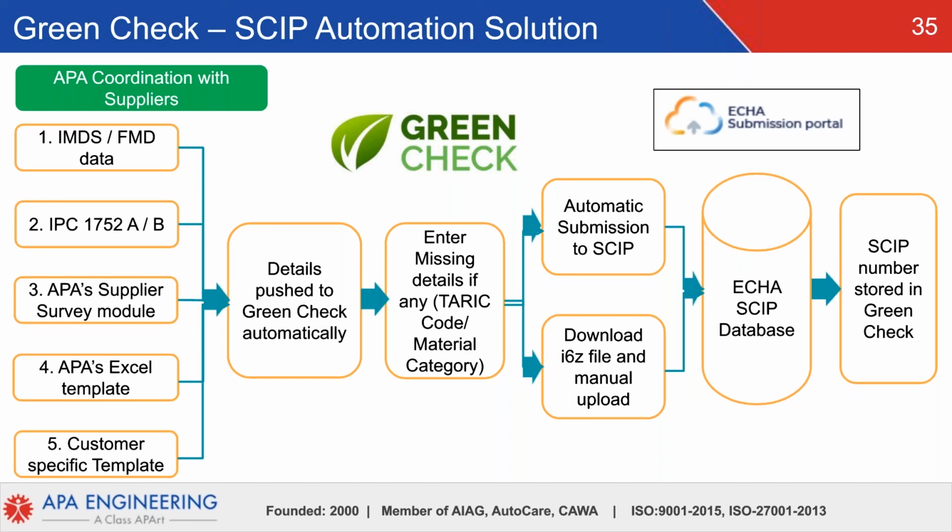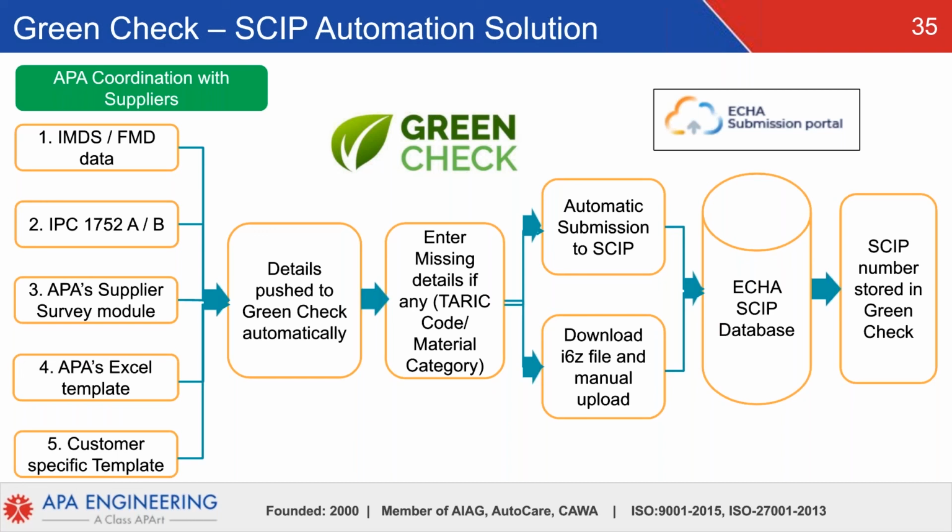We can push the data through a standard API Excel template, or even if the customer has their own template for collecting the data, that can be pushed by writing a few rules.